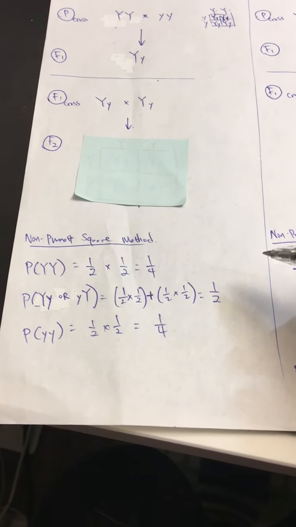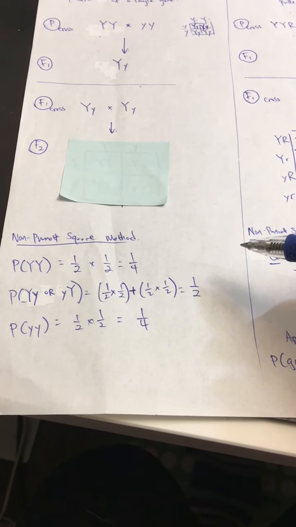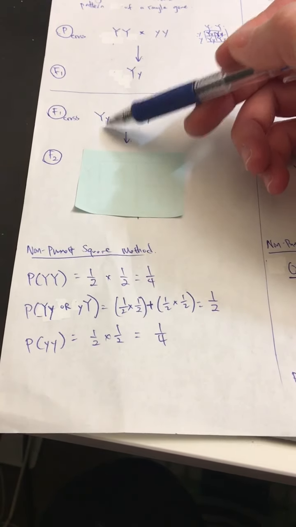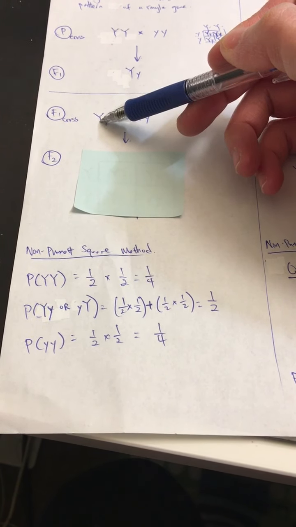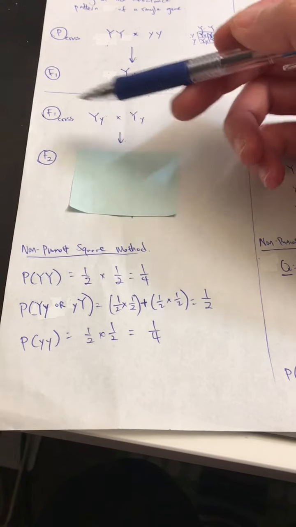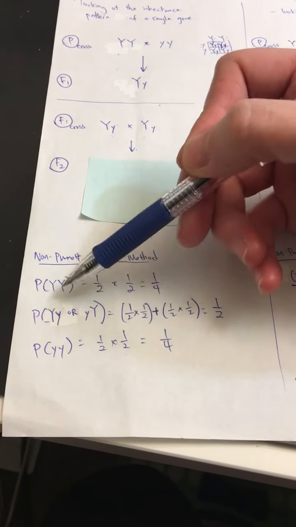we look at, first of all, the possible gametes that can be generated in each parent. This parent can either give the big Y or it can give the small y. So these are the possible genotypes.